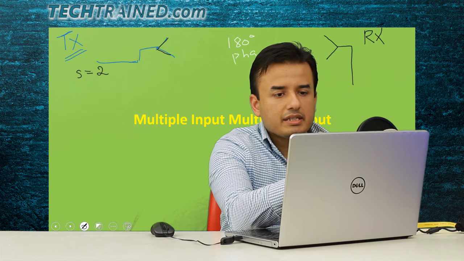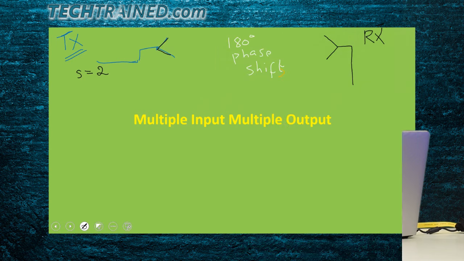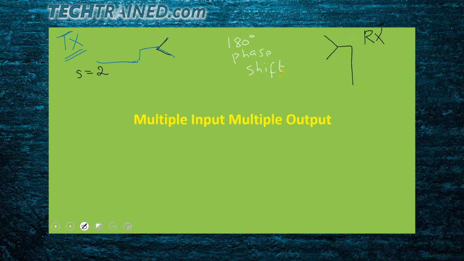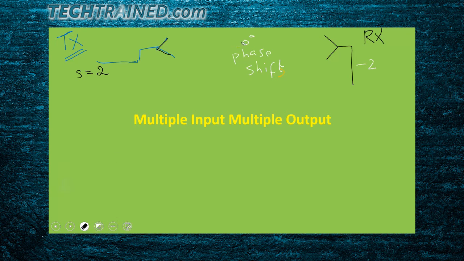What that means is that at the receiving end, rather than receiving 2, the receiver receives -2. Whatever you transmit gets phase shifted 180 degrees, and that's what is received. If we know the channel conditions well in advance, meaning we know the channel gives a 180-degree phase shift, we can prepare our transmitting signal in advance so that it can overcome this 180-degree phase shift.